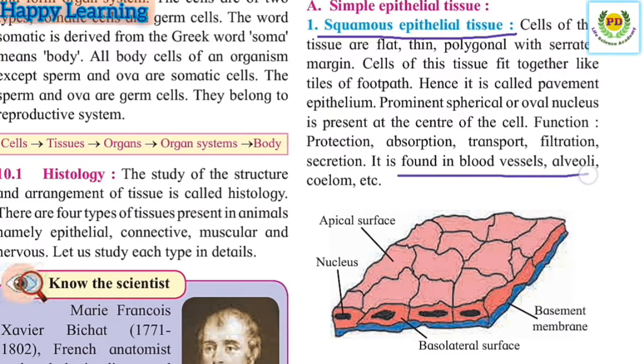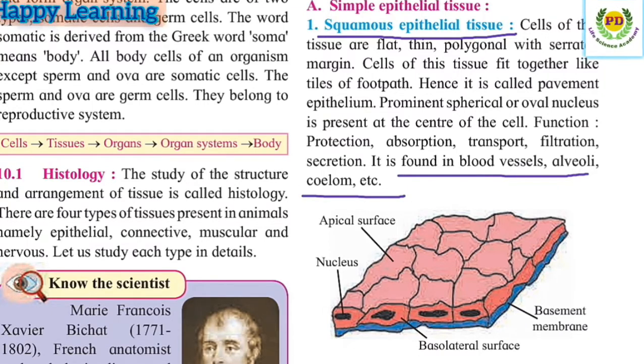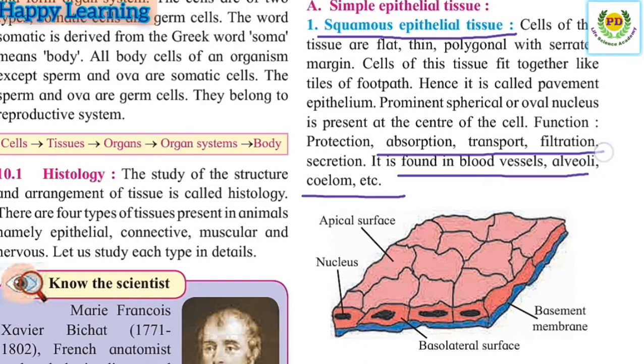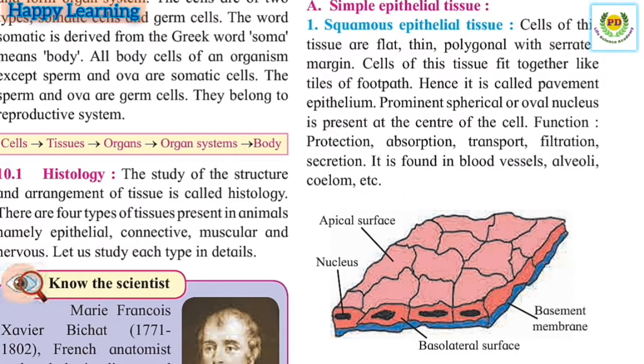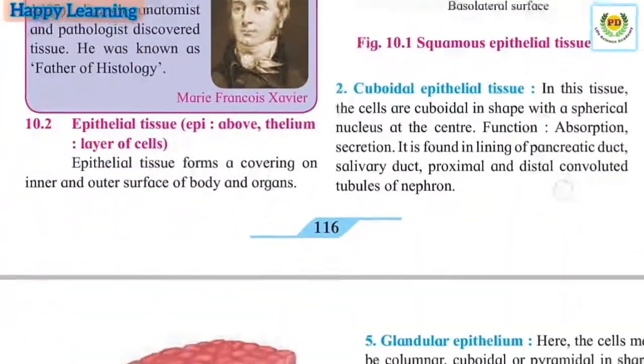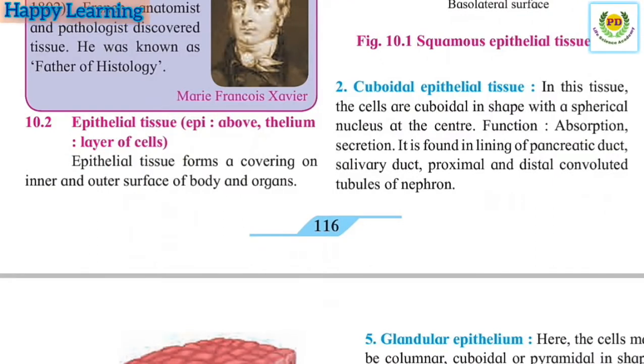which are found in the blood vessels and alveoli, and the function is absorption, transportation, filtration, and protection. Next, the second type is the cuboidal epithelial tissues, which are again absorptive and secretory in nature.